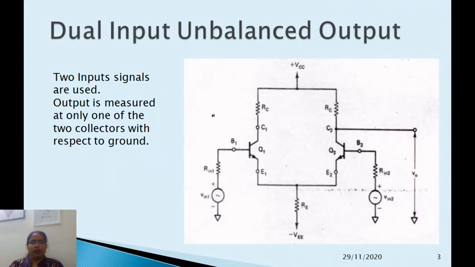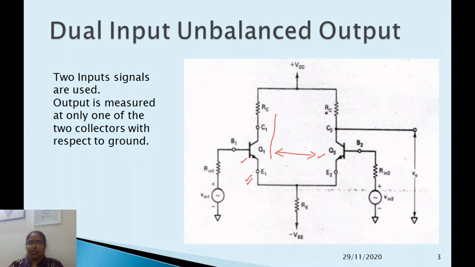This is how the circuit looks. These are the two transistors. In the differential amplifier we are using the common emitter mode of amplifier circuit, and this is the exact copy of that circuit.